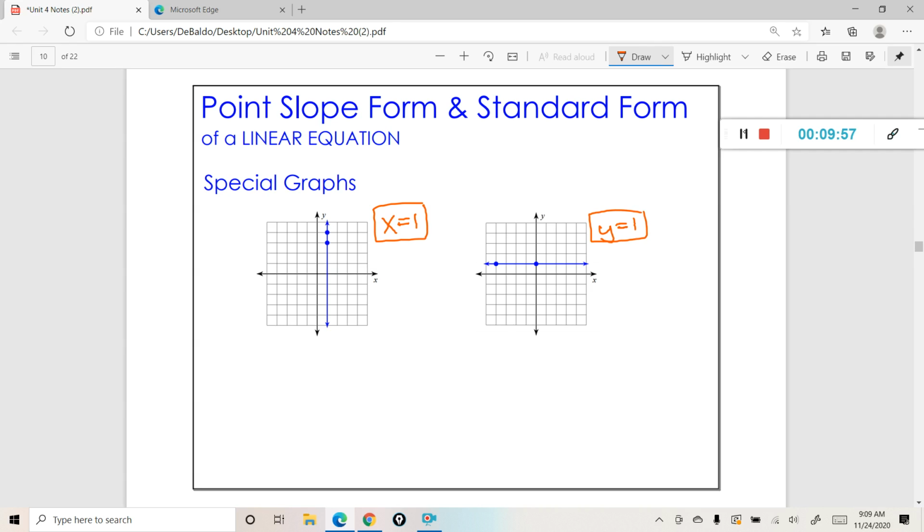And if we were asked to put a graph like one of these into either point slope form or standard form, this would be how you would write the equation. So it is not in the format of the formula for either one of these equations. It's always going to be in this format when you're writing the equation of this type of line. That's why we call them special graphs.